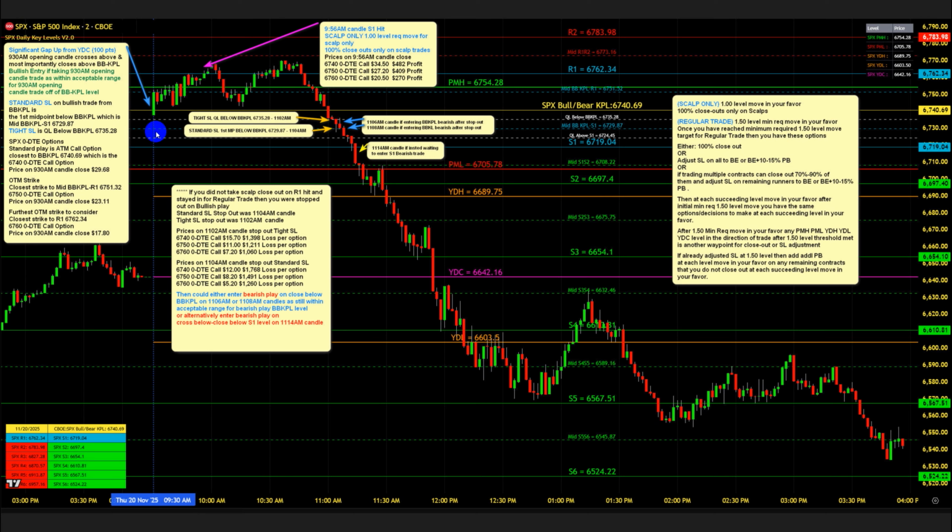And then later on, if you are doing what we term a regular trade, which gives you stop loss adjustment options once the trade has reached a certain threshold, then you change your stop loss at that time to a price-based stop loss, which is just based on the price that you paid for the option. So on the initial trade entry, your stop losses are going to be based on a level.